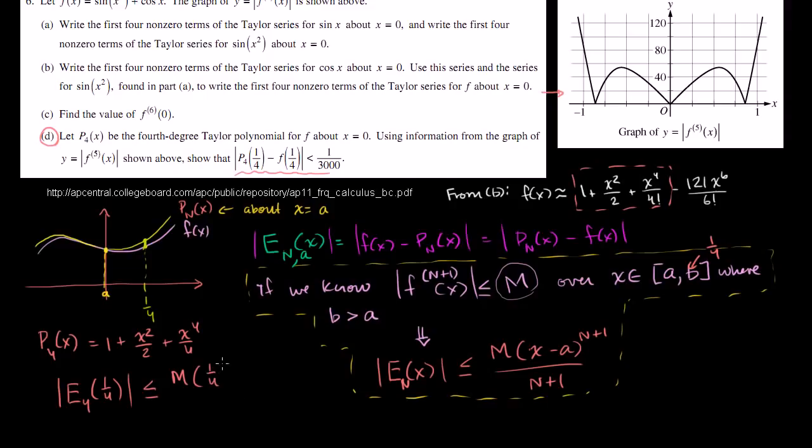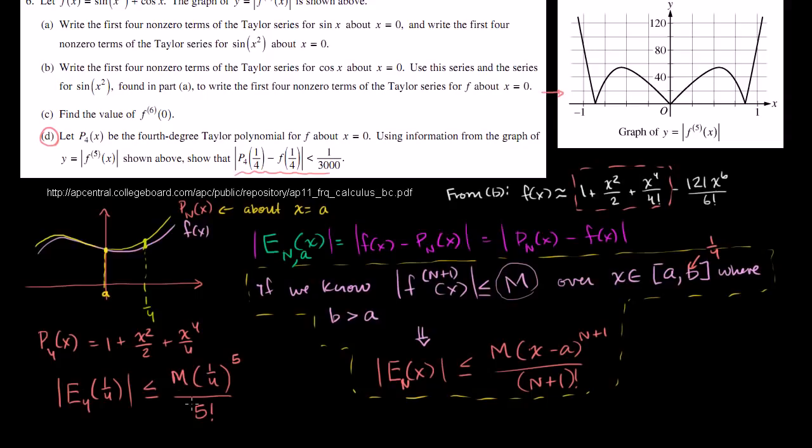So 1/4 minus 0 is just 1/4, to the n plus 1th power. N is 4, so the n plus 1th power is the 5th power. All of that over n plus 1 factorial, so all of this is over 5 factorial.